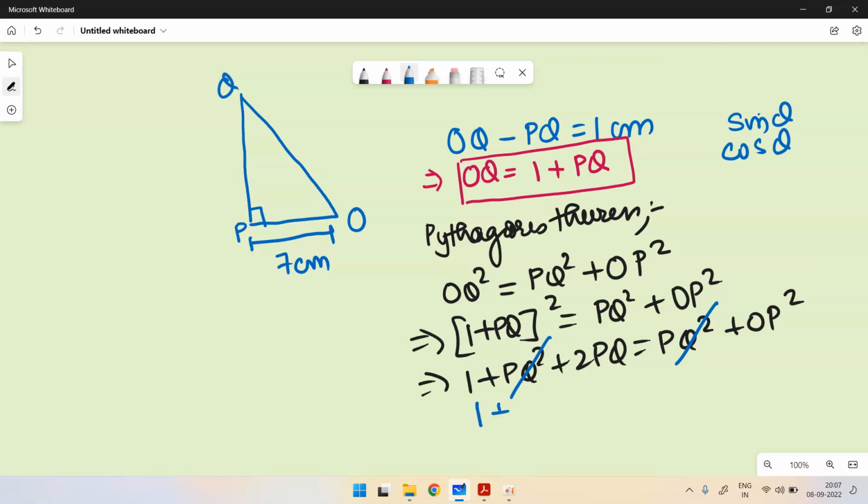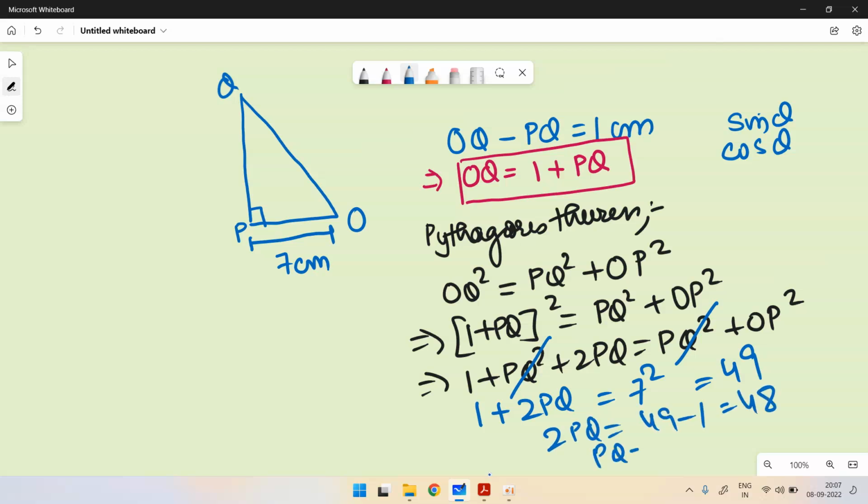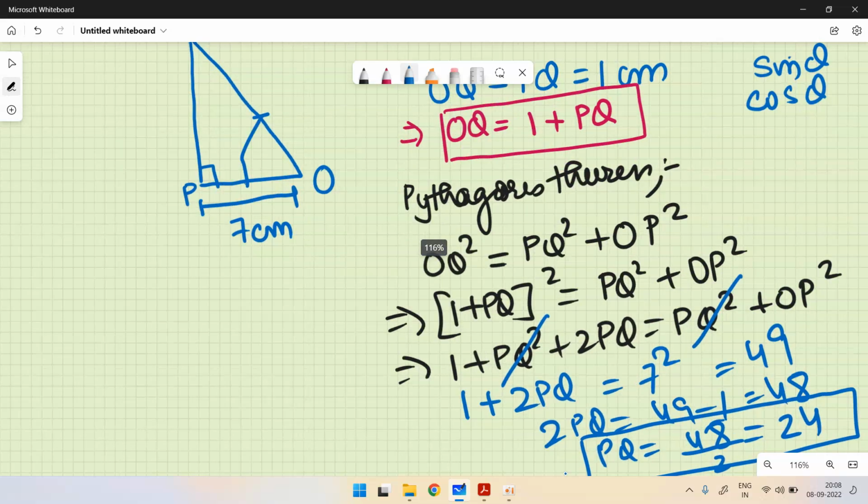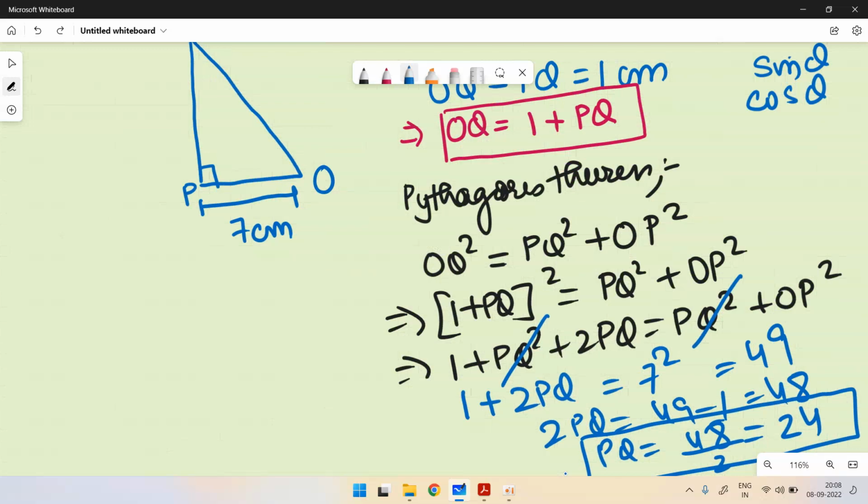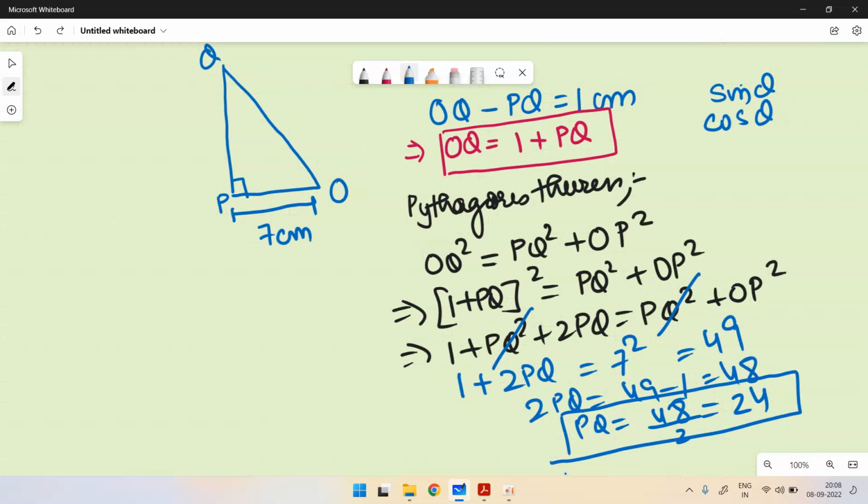So 1 plus 2PQ equals 7 square, which is 49, which implies 2PQ equals 49 minus 1, which is 48, which implies PQ equals 48 by 2, which is 24. PQ is 24 centimeters.